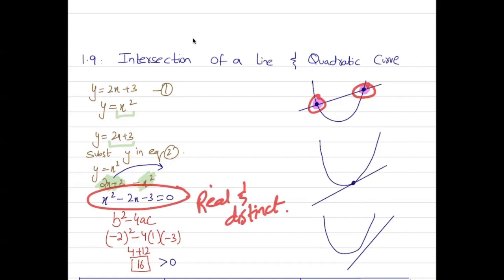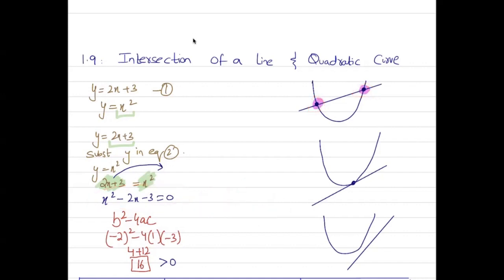Sir, you mean that if we use also simultaneous equation, we must use b square minus 4ac to find if it's real and distinct. Yeah. So if I have the equation of a curve and equation of a line, I know that there are three possibilities. The first possibility is that the line is going to intersect the curve at 2 points, or the line is tangent to the curve, or the line and the curve do not intersect at all.